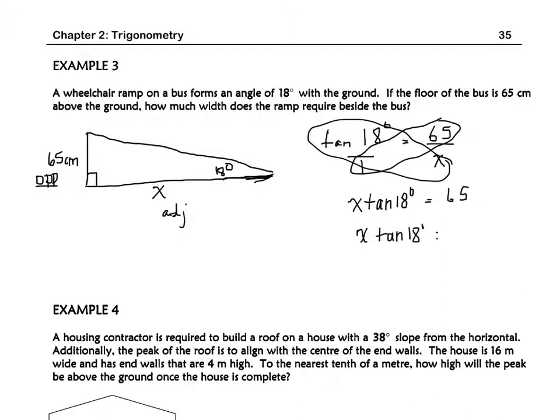Divide out the tan 18, and we get x is 65 divided by tan 18, which is about 200.049 on my calculator, so 0.05 centimeters. So approximately 200 centimeters if you wanted to round it off to the nearest centimeter.